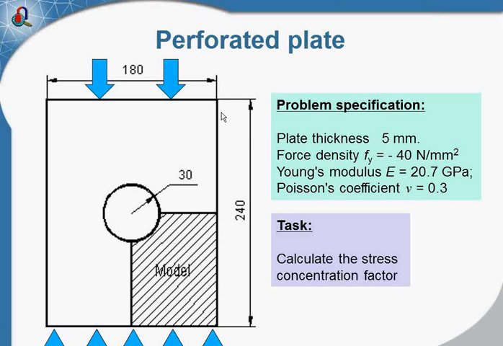The plate has a thickness of 5 millimeters, and the force is applied here on the top edge. The bottom edge is fixed, and our task is to calculate the stress distribution in the plate.